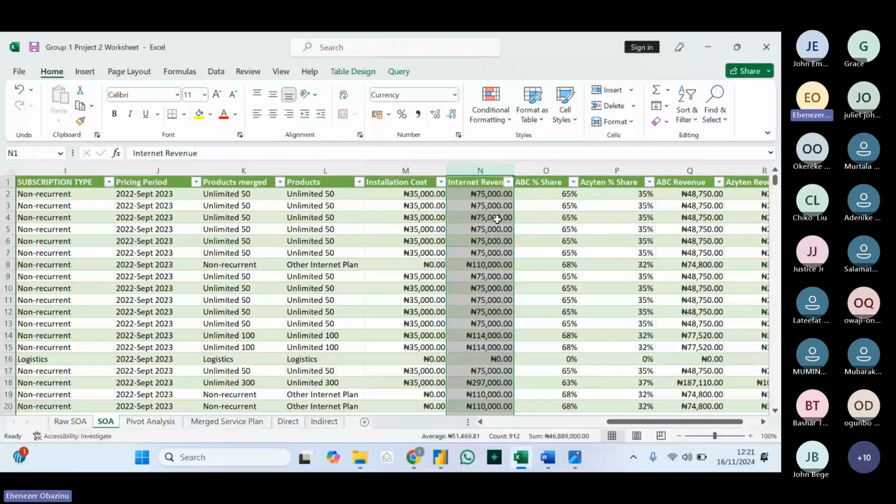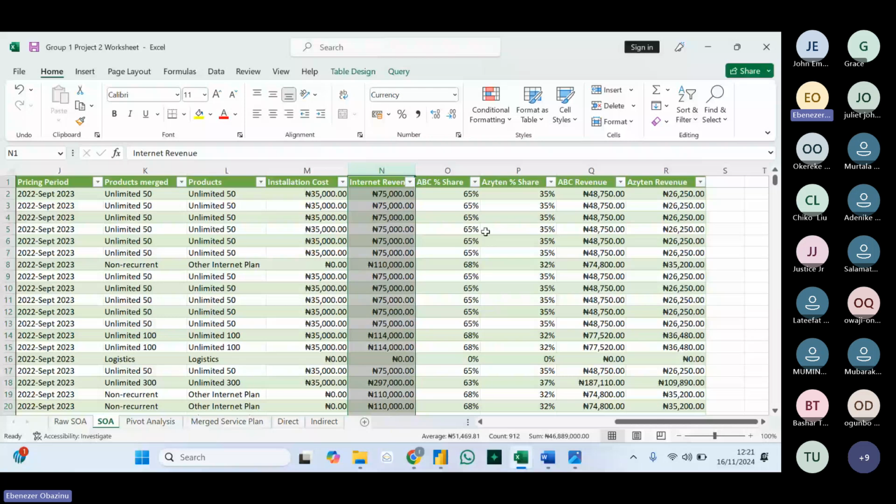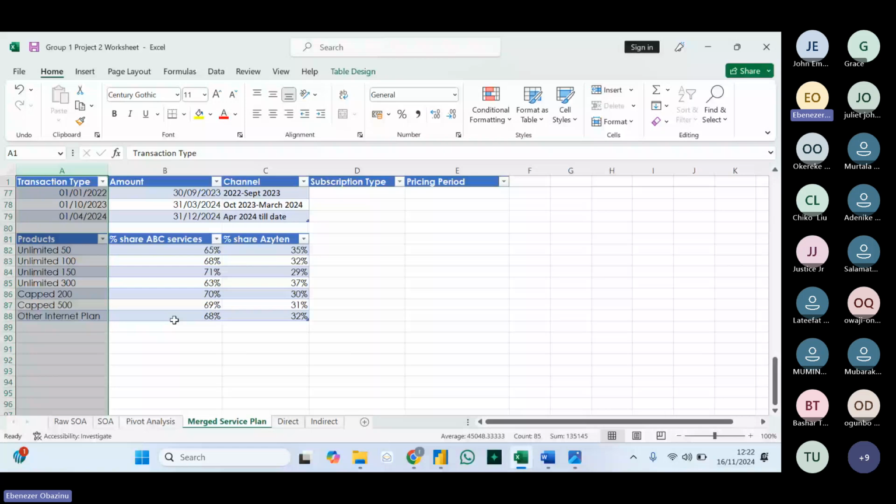So we went further by creating another two columns. One thing we did, I made this up myself, because there's no sharing formula for those that we tagged as other internet plans. So I just took an average of all the other ones that were stated, from unlimited 50 to cap 500. So the average is 68%.